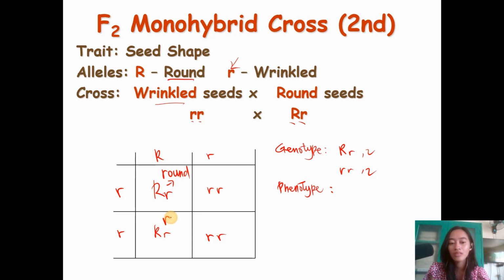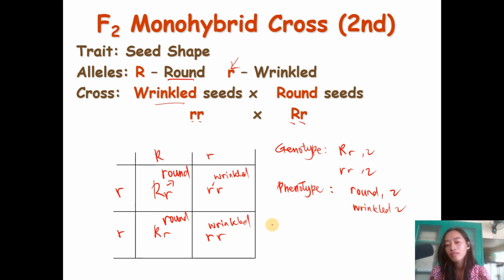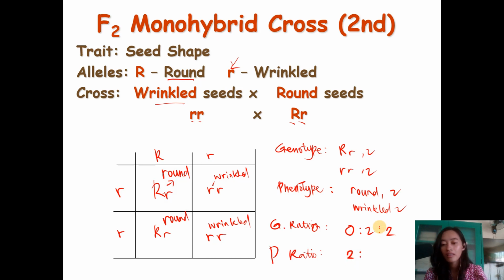Next, the same goes for the lower ones. This one is all small letters, so wrinkled. So the phenotype: two round and two wrinkled. Your genotypic ratio, those three numbers: how many homozygous dominant? None. How many hetero? Two. How many pure recessive? Two. Next is the phenotypic ratio: how many dominant come out? Two round. To how many recessive? Two. And you'll be asked for the percentage, like how much of the offspring would be round seeds.